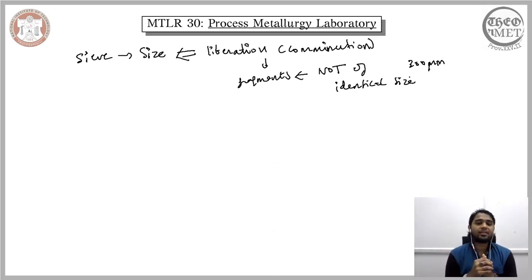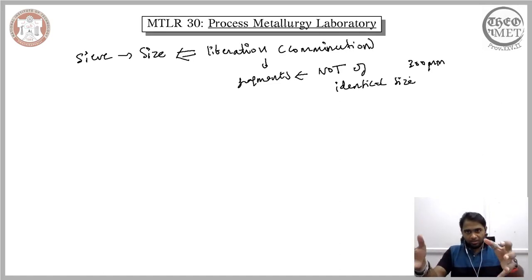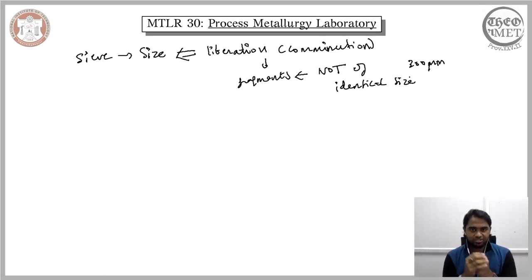Even that conception comes from the sieve analysis. So on one hand, the sieve analysis helps us understand the quality of fragmentation. You are breaking down a large size particle into smaller sizes. The amount of this reduction in size can be verified using sieve analysis.